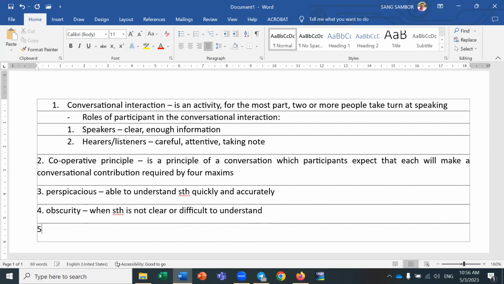And the next one is ambiguity. Ambiguity is when something has more than one possible meaning and therefore causes confusion.